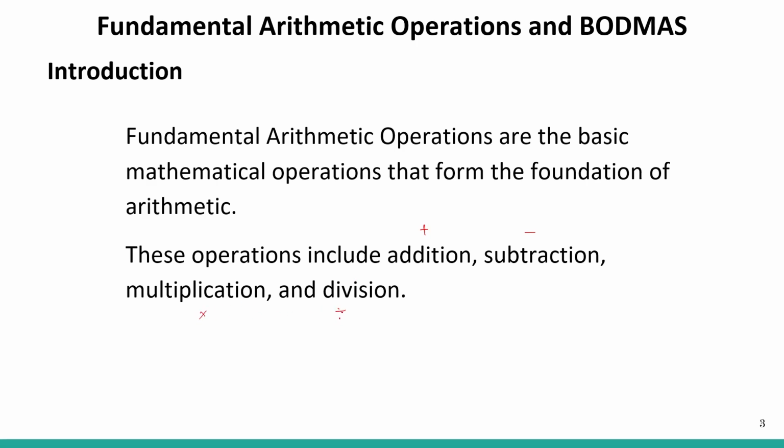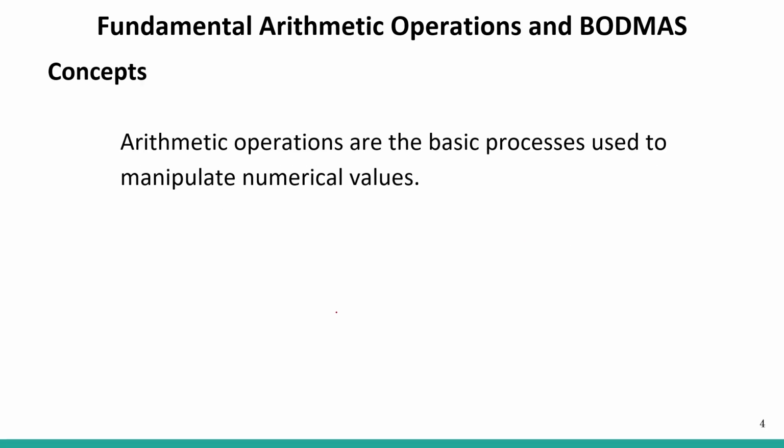We already know what these operations are and how two numbers are operated using them. Arithmetic operations are basic processes used to manipulate numerical values. You have some numerical values and you use an arithmetic operation to manipulate those values.